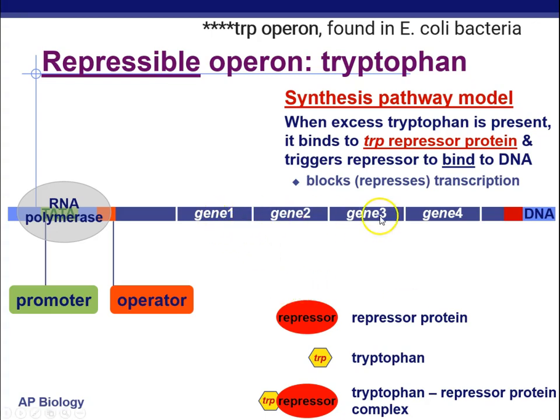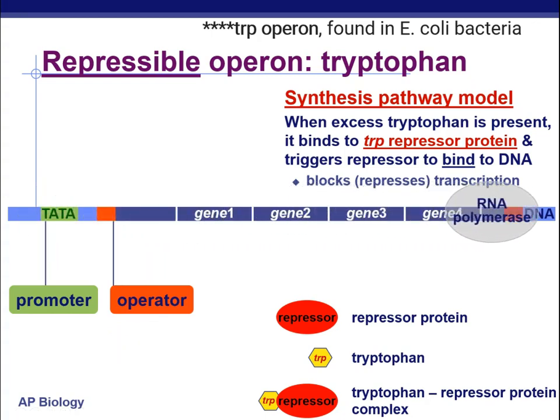In this case, all the genes for the metabolic pathway to make tryptophan are grouped together with the promoter and operator out in front so that we can regulate these and only make the enzymes to make tryptophan when we need to, when it's lacking from our environment.